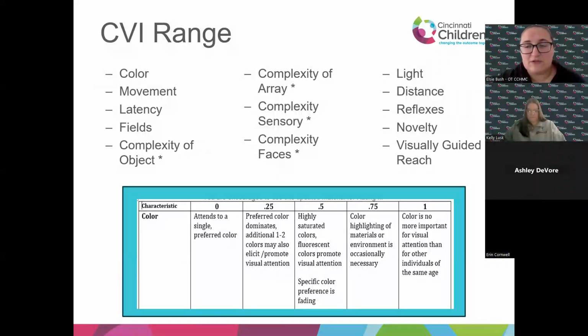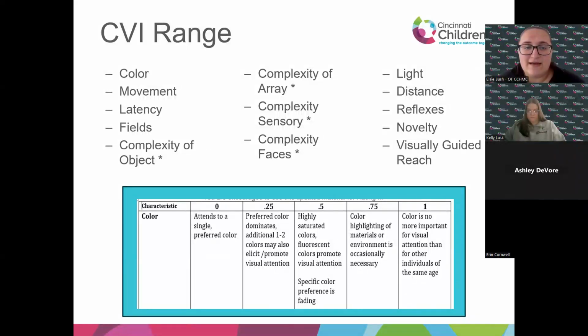So the areas in which the CVI range will look at include response to color, movement, visual latency, which is that time needed to respond to visual stimulation, and how a child interacts with things in their different visual fields, right, left, up, down. There's a set of complexity categories.